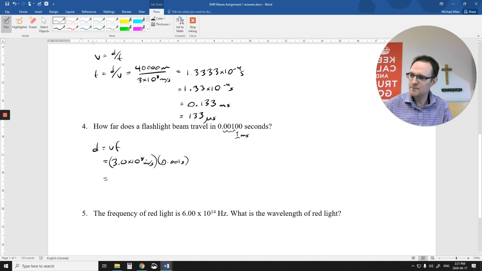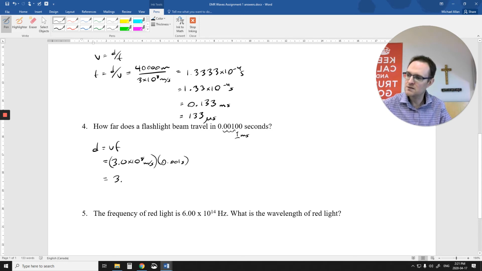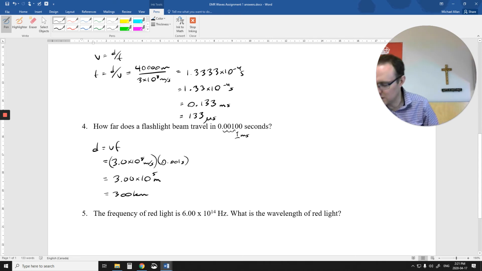Travels quite far, 1 millisecond. Oh, sorry, I messed up my calculation here. Just double check that. 300,000 meters, so 3.00 times 10 to the 5 meters. If I want to put this in kilometers, this would be 300 kilometers in 1 millisecond.